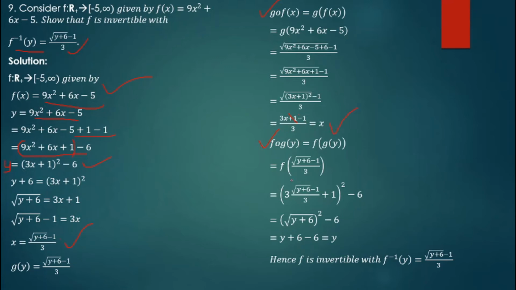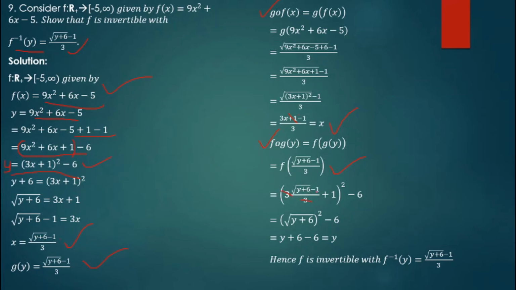So fog, f of g of y. What is our g of y? As written over here, root y plus 6 minus 1 by 3. We substitute it where we have y. Instead of using that whole 9x square plus 6x minus 5, we'll use this. So when we substitute back for x, here 3 gets cancelled, and what is remaining?